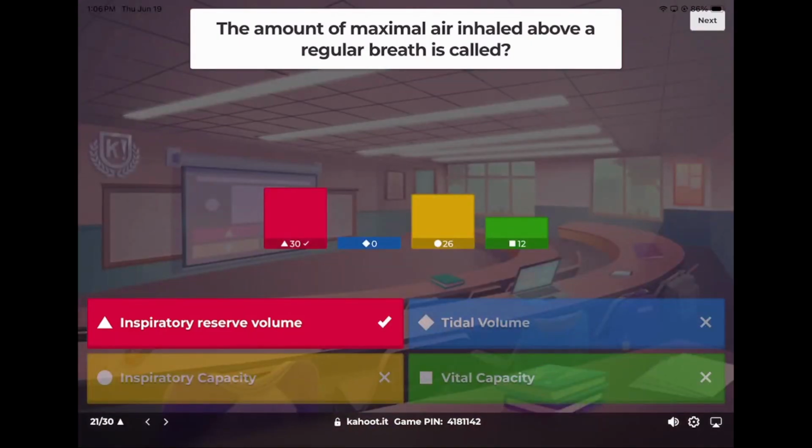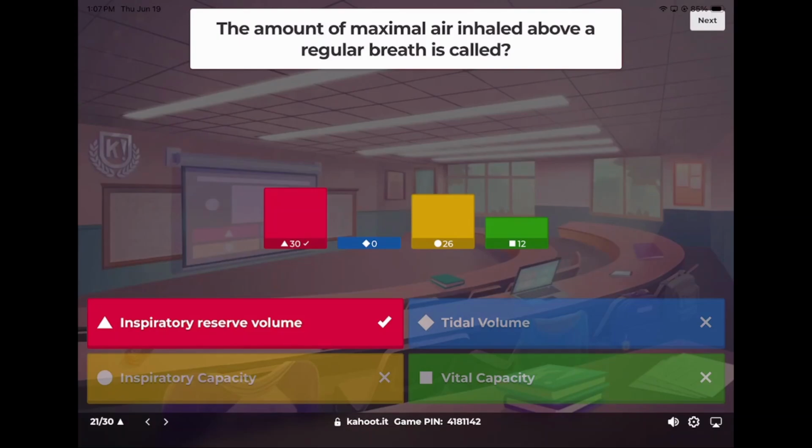Now, remember when you are studying this section, volumes are just one part, capacities are volumes added together. In the question, I asked the amount of air above a regular breath. So do we include the tidal volume here or no? We don't include it. I'm asking everything above the tidal volume, which is our inspiratory reserve volume.